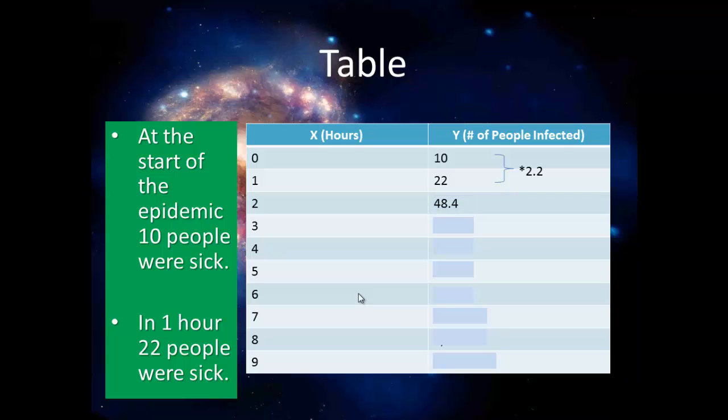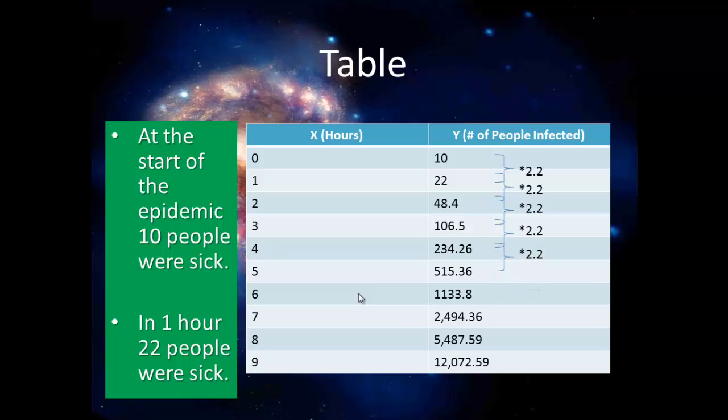If we multiply 22 times 2.2, we get 48.4. If we multiply 48.4 times 2.2, we get 106.5, and so forth. As you can see, all of these are constantly multiplied by the same multiplier or ratio.